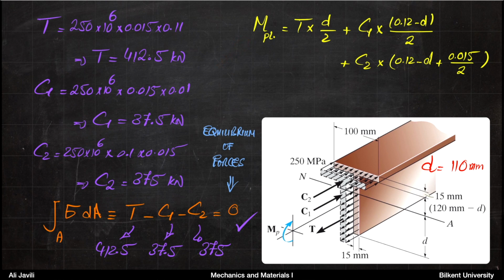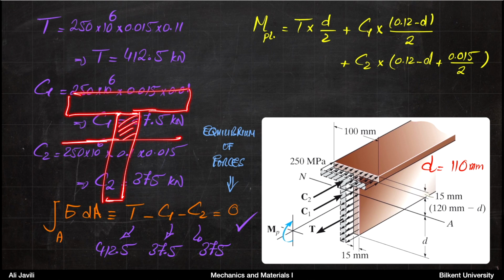So if you have the cross section here, for instance, and this is your neutral axis, for the little part here, then the distance, you can imagine this would be half of 120 minus 110, which is d here.